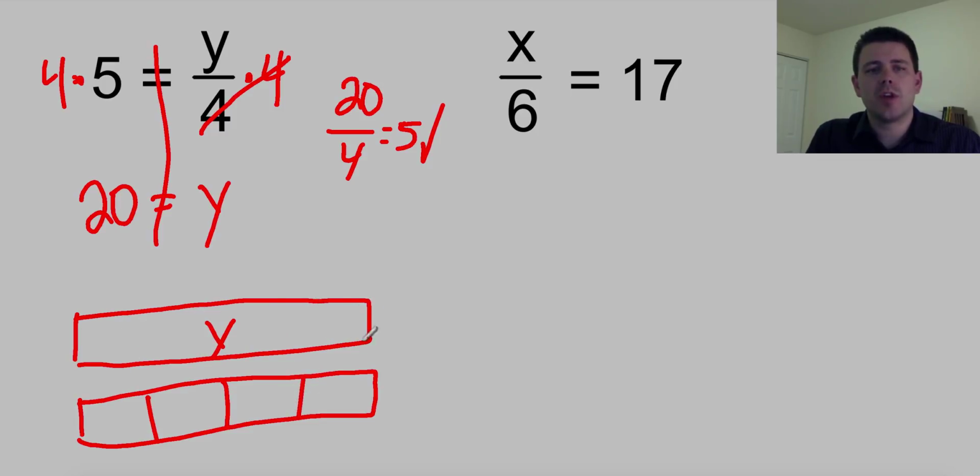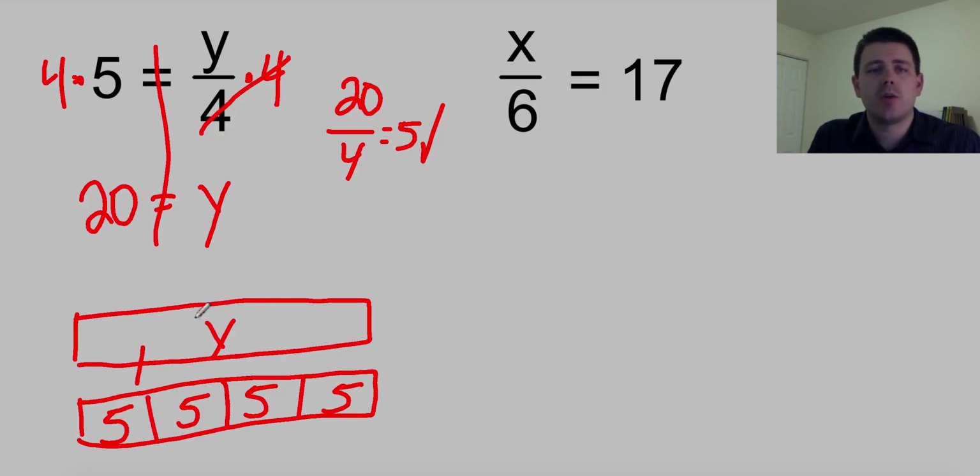So the whole thing is my total of y, but I want to break it up into 4 parts. So I'm showing what I would get if I broke it into 4. And the problem tells me that one grouping is equal to 5. So one group is equal to 5. So this one's 5, this one's 5, this one's 5, this one. So the whole thing is y, but we broke it into 4 pieces. Each one is equal to 5.